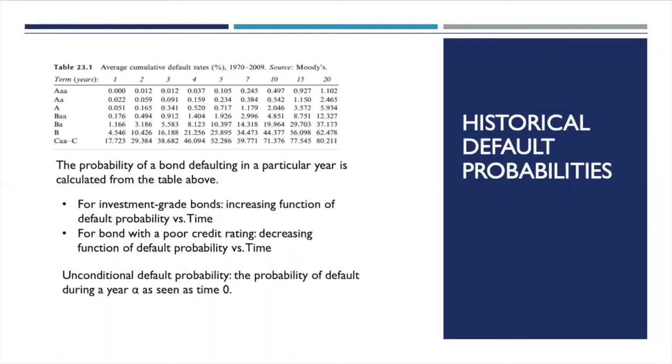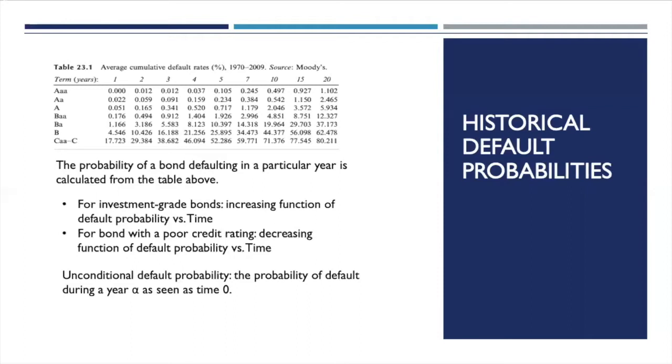For example, we take the rating BAA and look at year 2. The probability of a bond defaulting in this rating in year 2 is 0.49 minus 0.17, that is 0.31%.